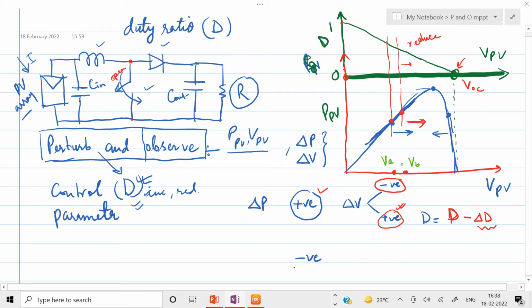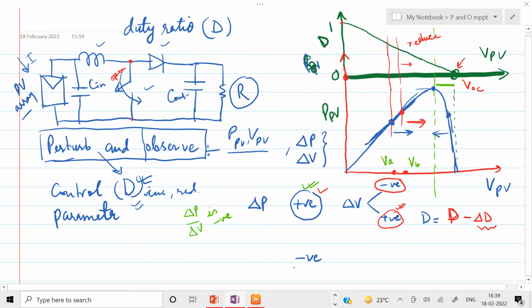But the other important thing is whether we would be on the right side of the curve or on the left side of the curve. Since delta P is positive and delta V is negative, that means the slope of the curve, delta P by delta V, is negative, isn't it? That means we are on this side of the curve.